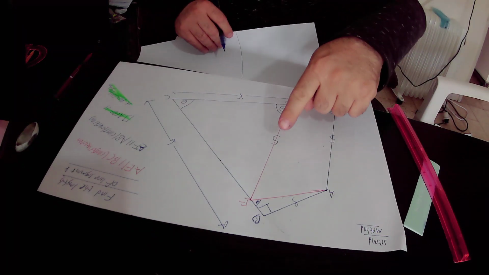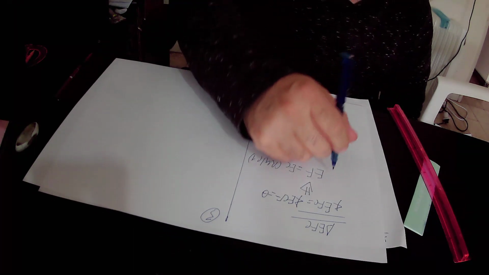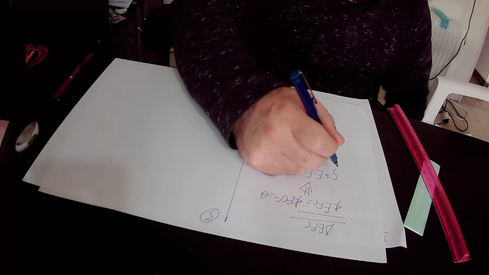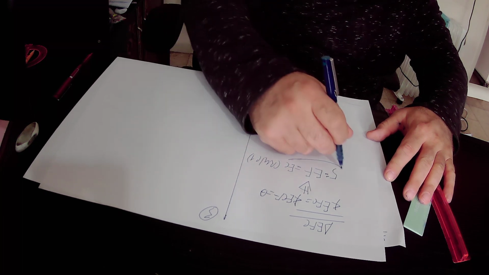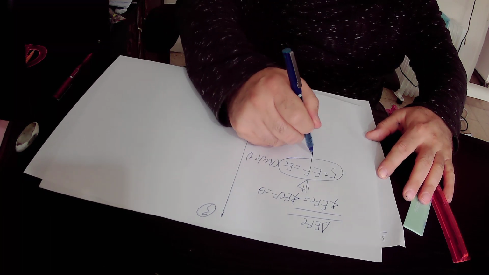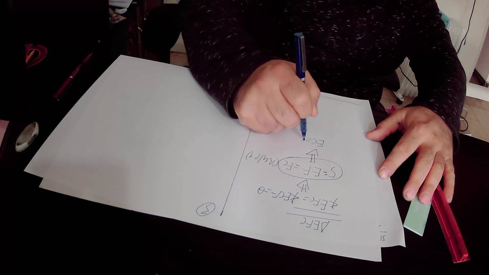But EF equals 5 units according to what we already found out. And from this equation, 5 equals EF equals EC, we will derive that EC is also equal to 5 units.